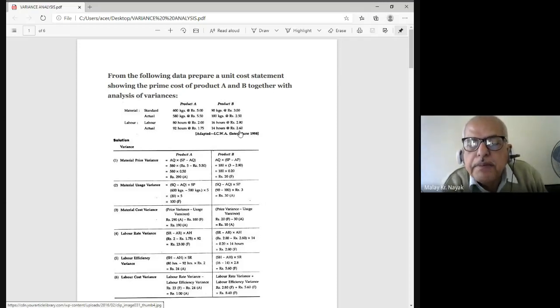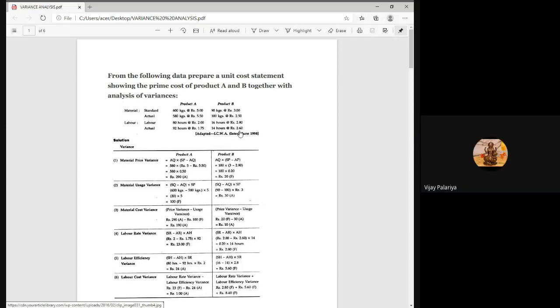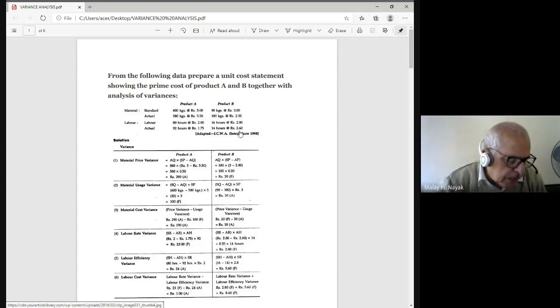Then you write labor efficiency variance. Labor efficiency variance equals SR into actual hours minus standard hours.